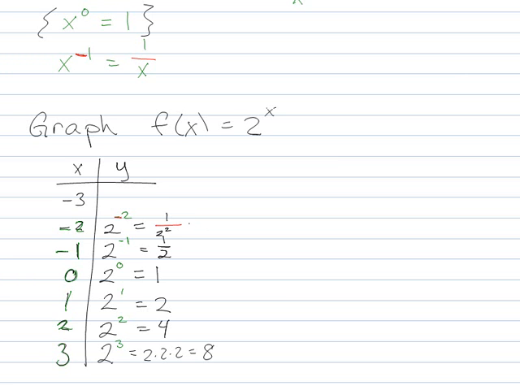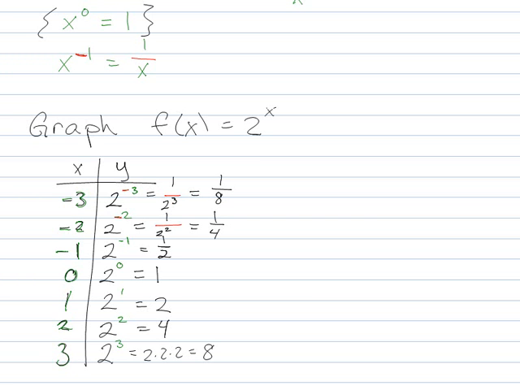So 1 over 2 squared, or 1/4. And finally 2 to the negative 3. The negative sign means I flip it, so it's 1 over 2 cubed, which is 1 over 8.